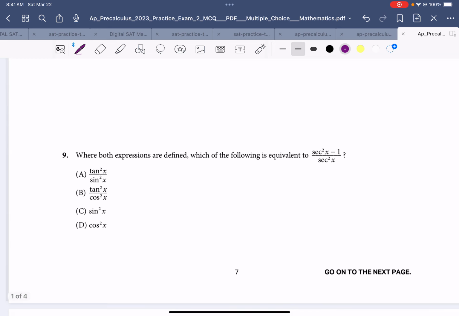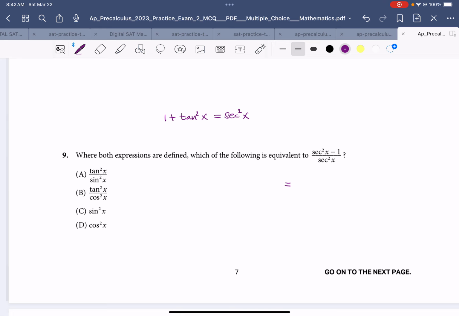Number 9, where both expressions are defined, which of the following is equivalent to this expression? Okay, so you can simplify this one. One of the Pythagorean identities we know is 1 plus tangent squared x equals secant squared x.